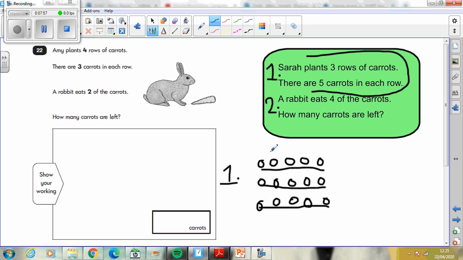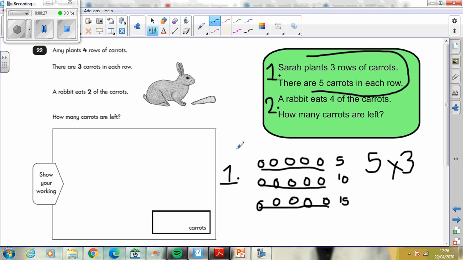Now I can either count them up individually, or ideally the children are really good at counting in 5s, and they will simply go 5, 10, 15. There we go. Because I've got lots of 5, I've got 5 multiplied 3 times.